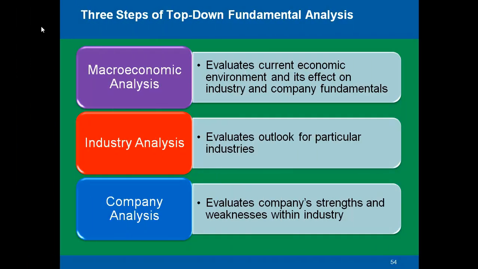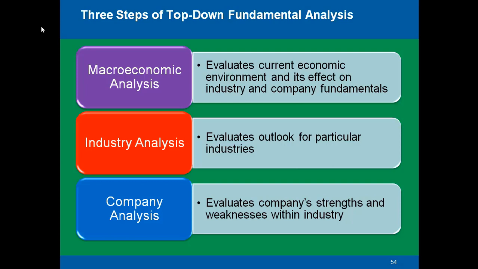So now we'll understand the top-down fundamental analysis. There are three steps involved in this kind of approach. First, you look at the economic or macroeconomic analysis and understand how the economic situation will pan out.